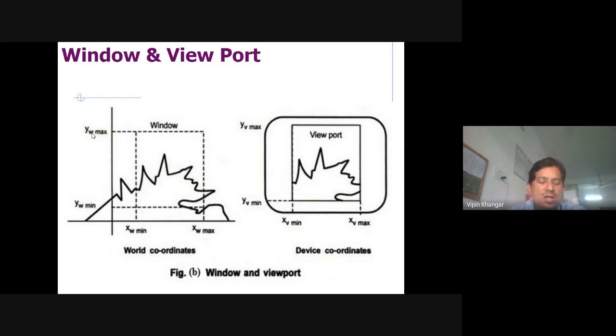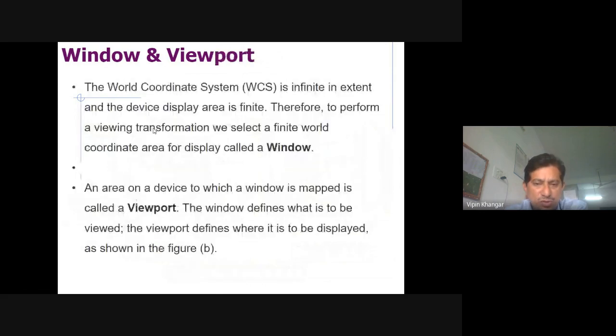This is defined by boundaries. XW refers to the window: XW minimum and XW max give the range in X, and similarly YW minimum and YW max give the range in Y. This is the window-specific coordinate range, the finite area that we are going to see, and the enclosed picture inside this window is what we view.